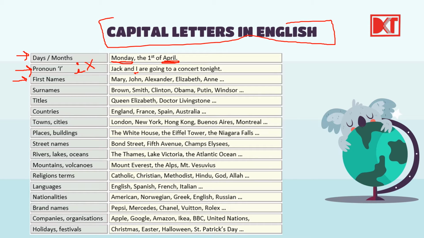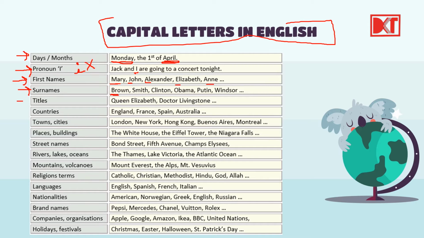Then when we refer to first names, Mary, John, Alexander, Elizabeth, and any first name, the first letter is capital here and here. And similarly, when we tell surnames, Brown, Smith, Clinton, Obama, any surname, your first letter is capital.